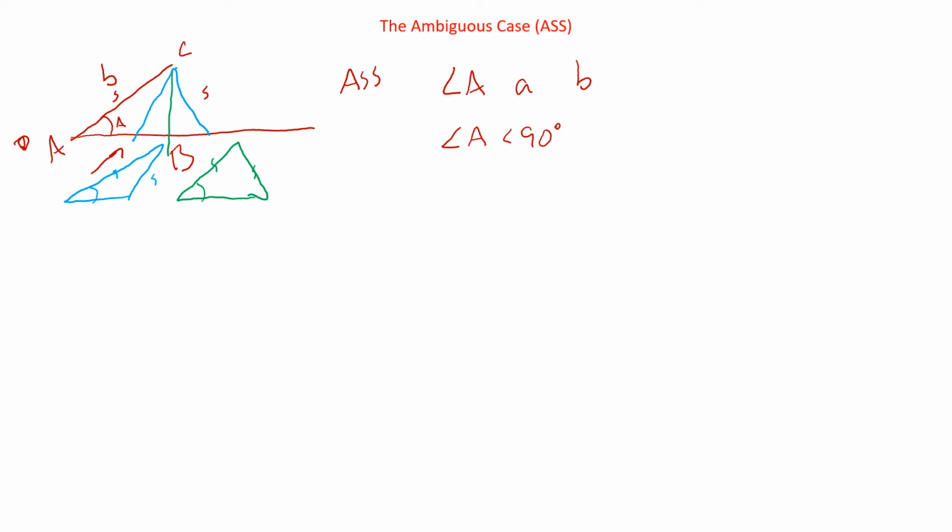So side A has to be less than side B. And side A also has to be big enough. It is possible that you would have your angle, your side, and then if side A was too short, it wouldn't be able to connect. And that could be problematic.